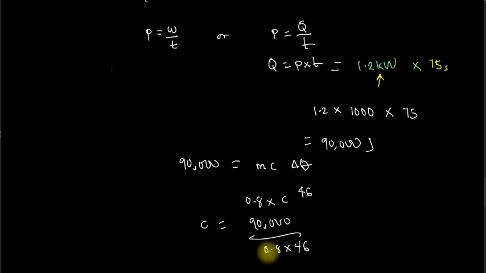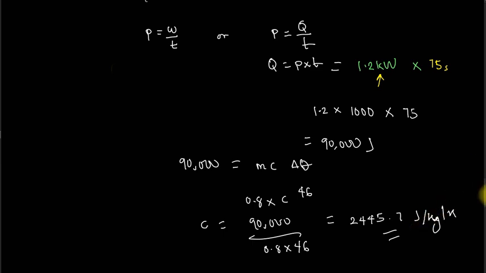So 90,000 divided by 36.8 is 2,445.7 joules per kilogram per Kelvin. This is our answer.